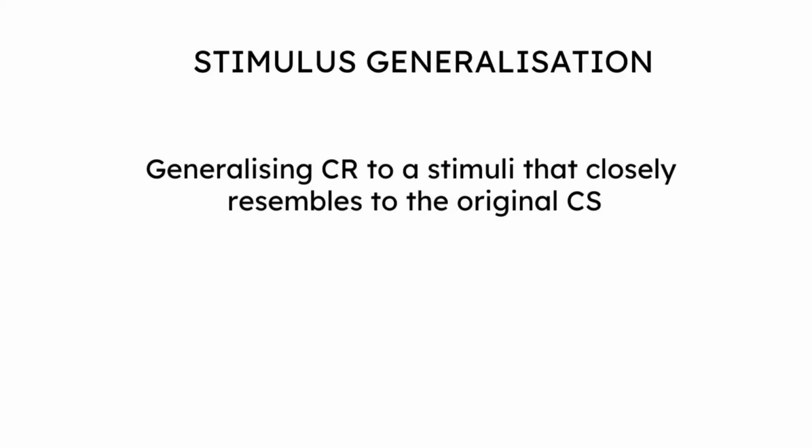So, in stimulus generalization, as in the name, the animal learns to generalize its conditioned responses across different stimuli which closely resemble the original conditioned stimulus but are not the original conditioned stimulus. Let's understand this with an example.